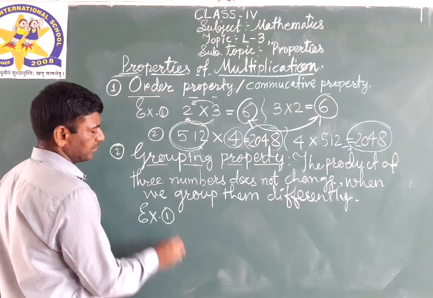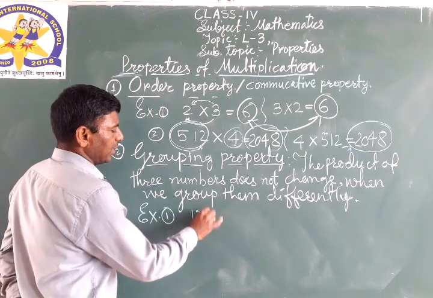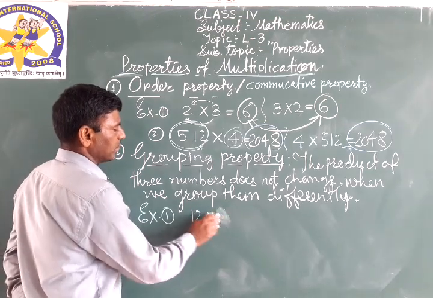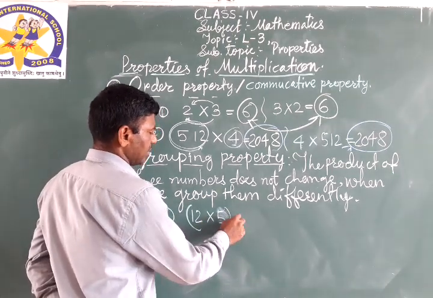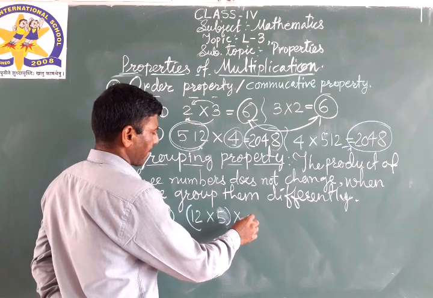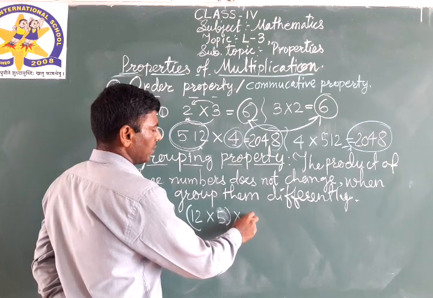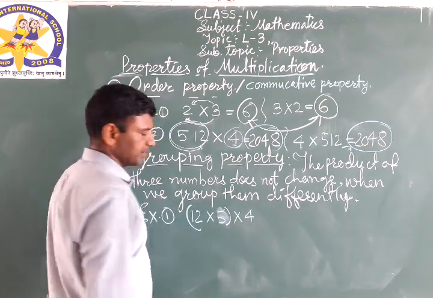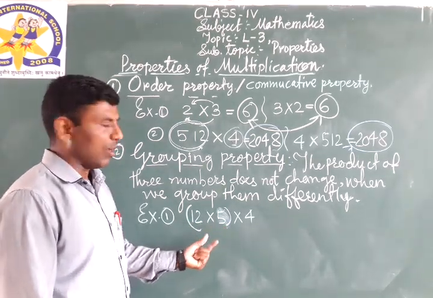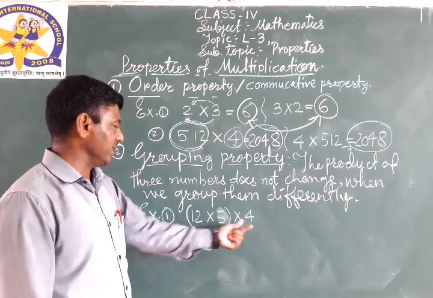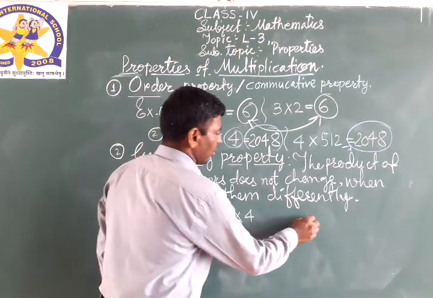For example, see, simple: 12 multiplied by 5, in one bracket, multiplied by 4. Now see, how many numbers are there? 3 numbers: 12, 5 and 4. Now what will I do?